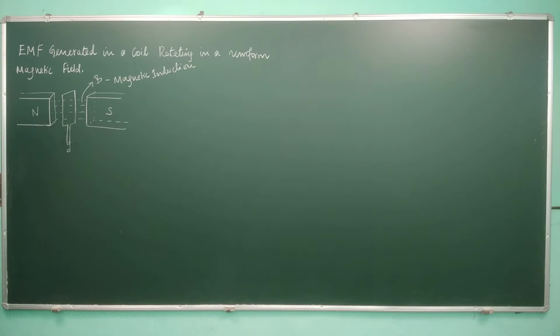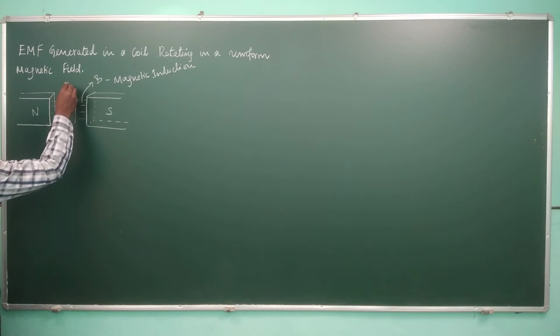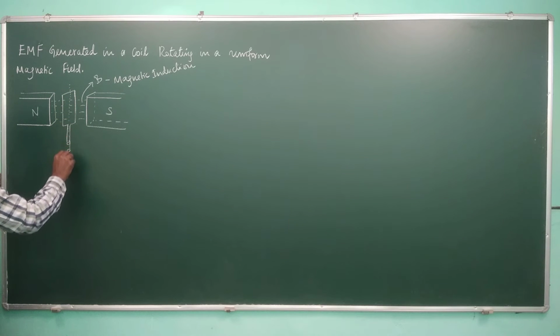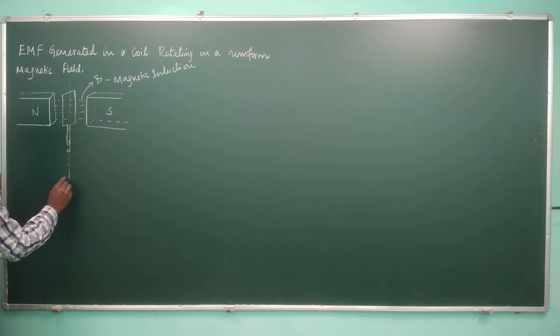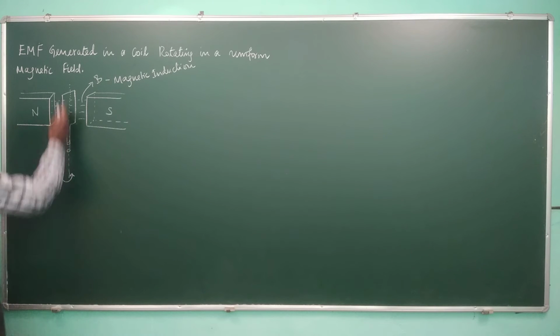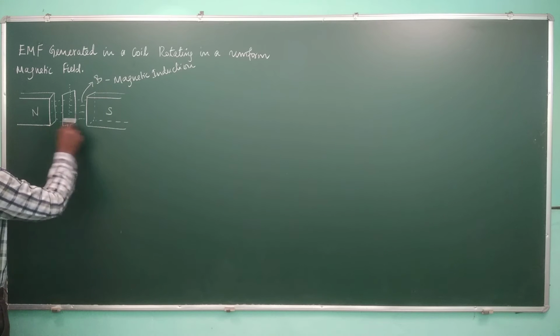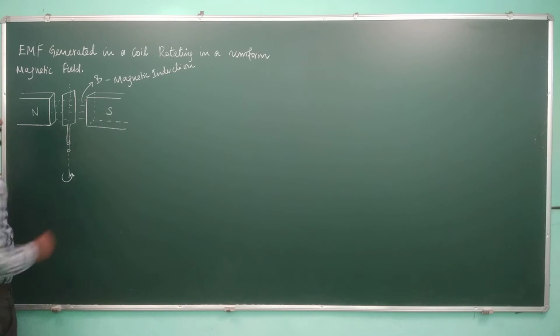And now, this coil is placed in such a way that it could rotate about an axis, and this axis of rotation lies perpendicular to the direction of the magnetic induction. Got it?